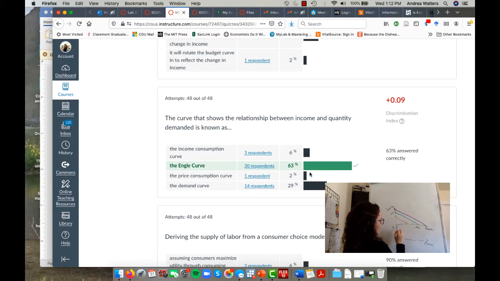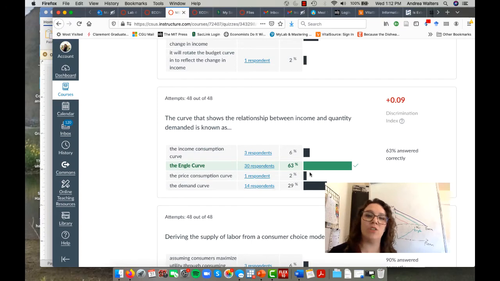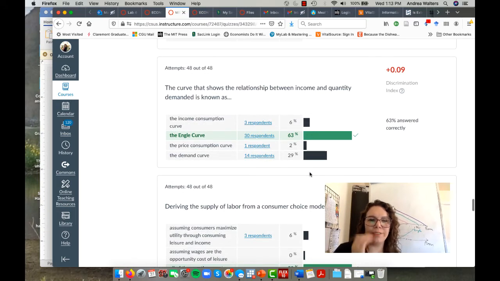So when the income is higher, we're going to expect to consume a larger quantity of pizza, and as income goes lower, we consume less. That is our Engel curve. So that's what that curve is called. The Engel curve is the curve that shows the relationship between income and quantity demanded. Remember, the demand curve shows the relationship between price and quantity demanded. That's how we derive that.